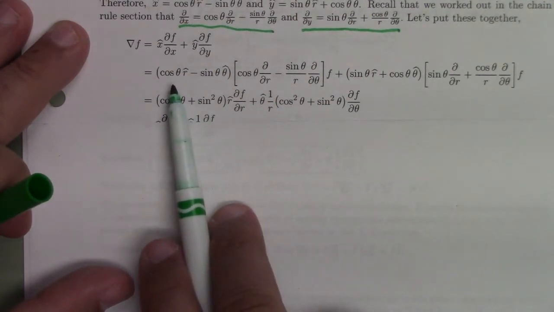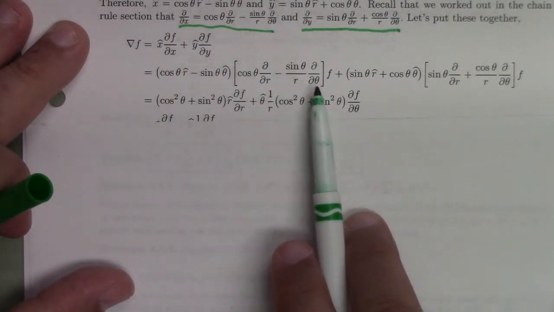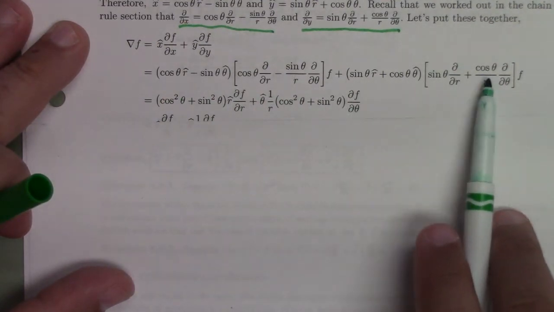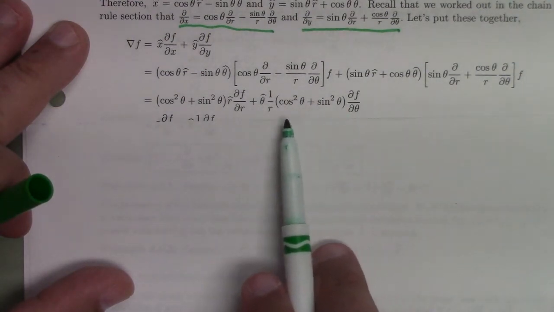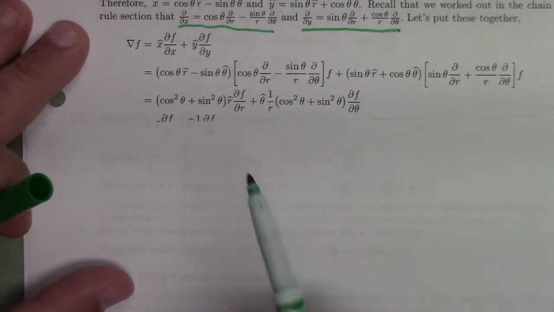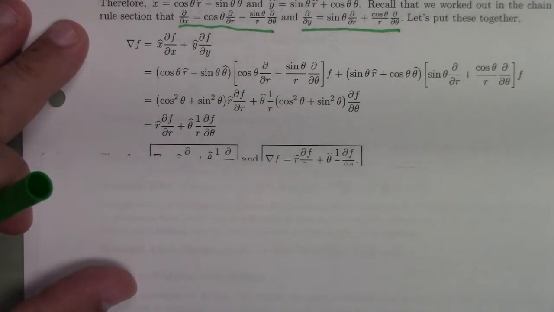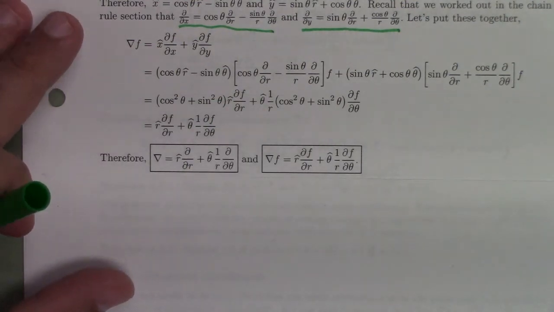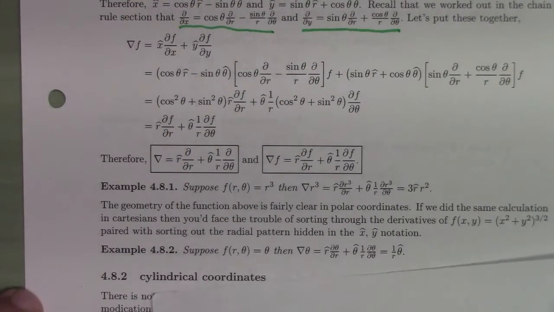And likewise, I've got a cosine sine r hat term, and over here I've got a sine cosine r hat term, but they've got opposite signs, so they cancel out. So we're just left with these, which of course by the Pythagorean theorem simplifies back down to r hat partial f partial r plus theta hat 1 over r partial f partial theta. So there's the derivation at lightning speed, but I'm sure there are other ways to derive it. That's just a way.